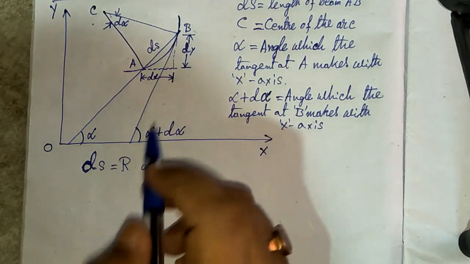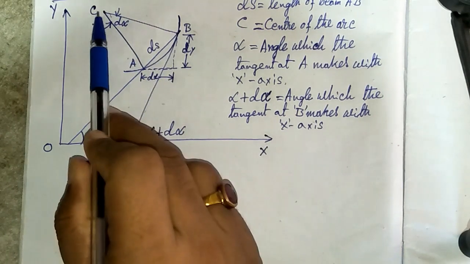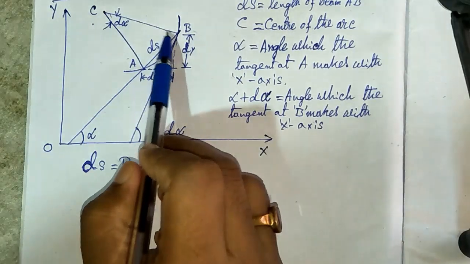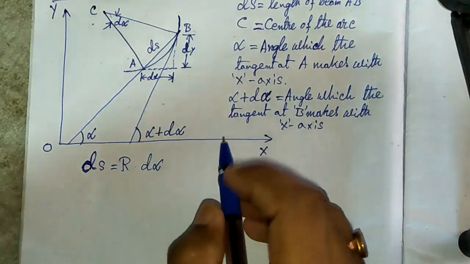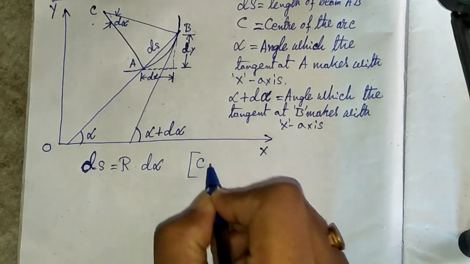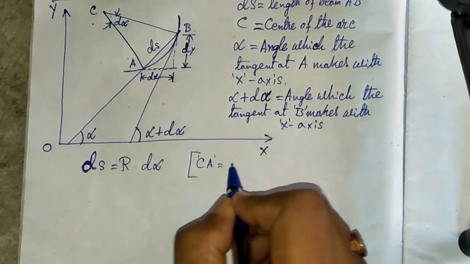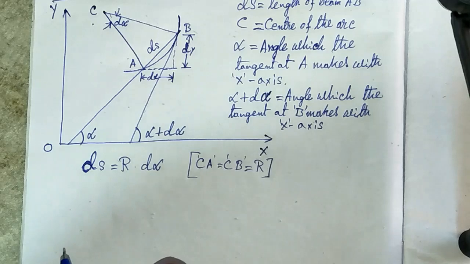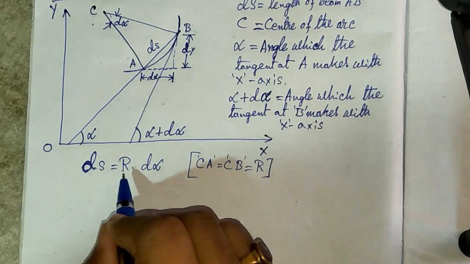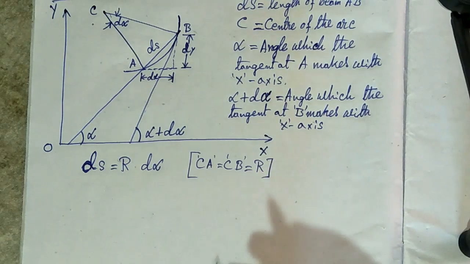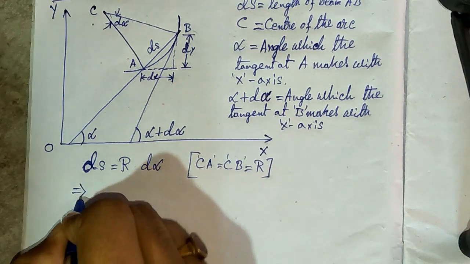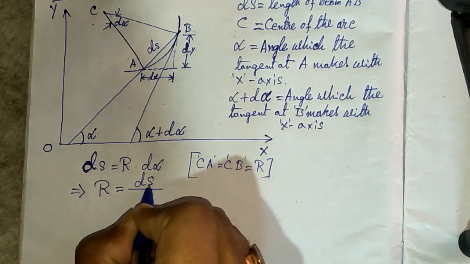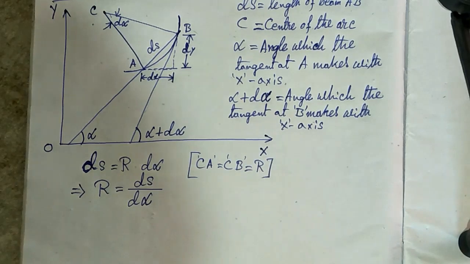That means R is the distance from this point C to point B, or point C to point A. This distance is the radius of curvature. So we can write ds equals R d alpha, or R equals ds by d alpha.